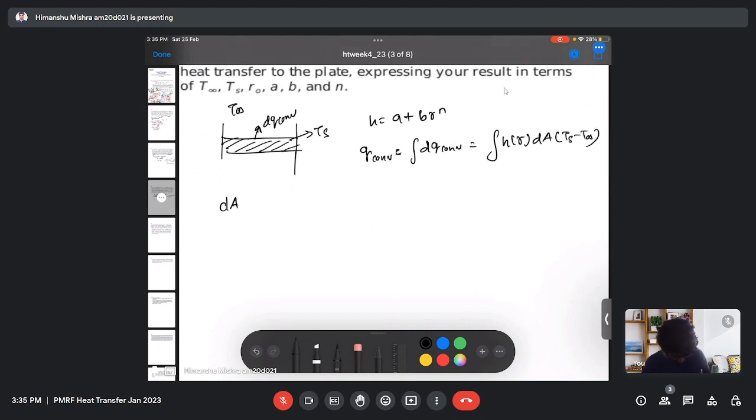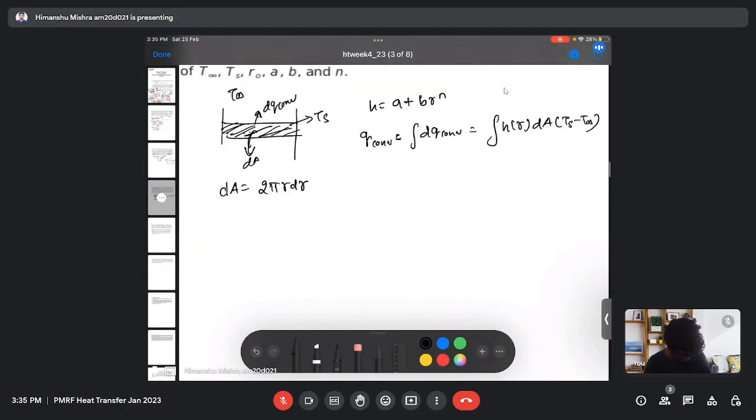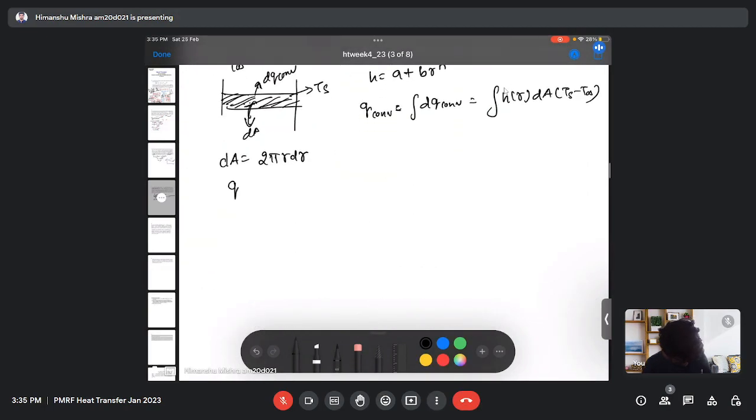Now my element area dA can be written as 2 pi r dr because it's a circular plate. So my heat transfer will be the integral of h(r) times Ts minus T infinity times 2 pi r dr.